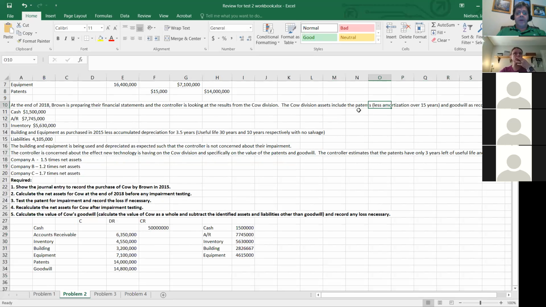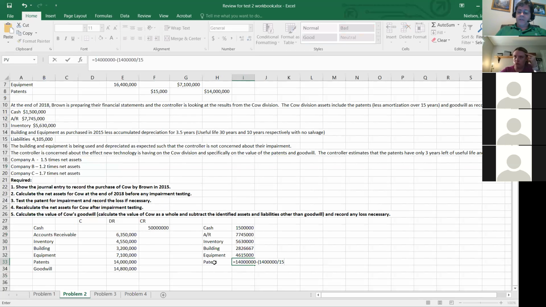That was up here. So let's do the patent in the same way. Oh, wait, no. What is the patent? The patent is 14 million, 1, 2, 3, minus 14 million divided by 15 times 3.5 as well.